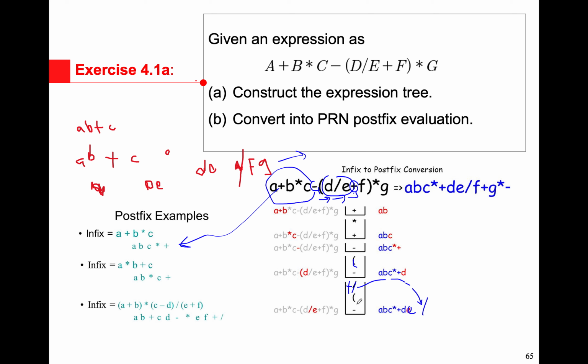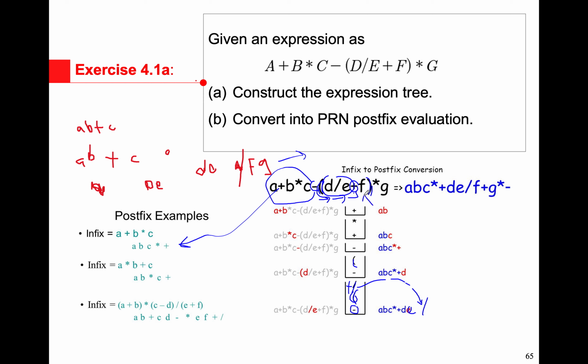You're not going to come out this first, which is your subtraction, because you have the bracket over here. Then when you come out your division, you will store your plus.